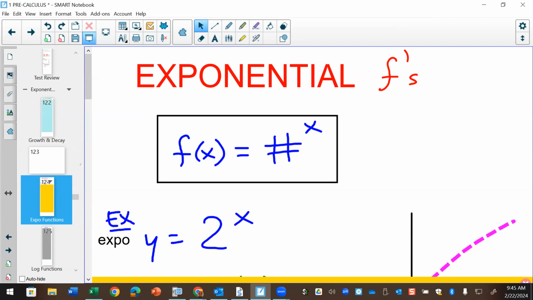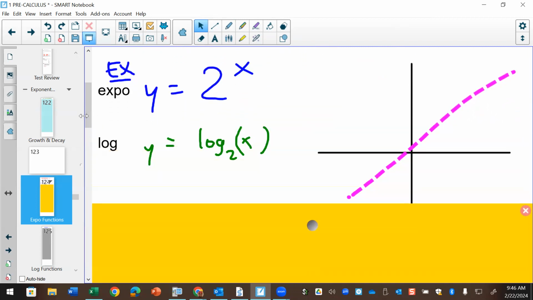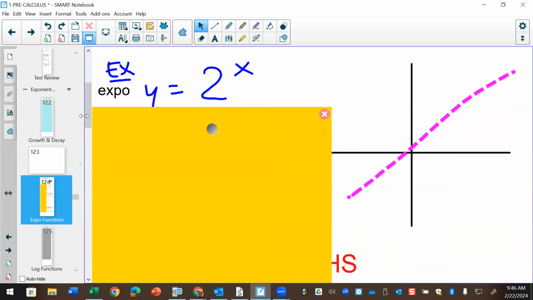You've never done logs before. So yeah, good day to be here. All right, let's talk about this guy. Since you don't know what the graph looks like off the top of your head, we're going to plot some dots.